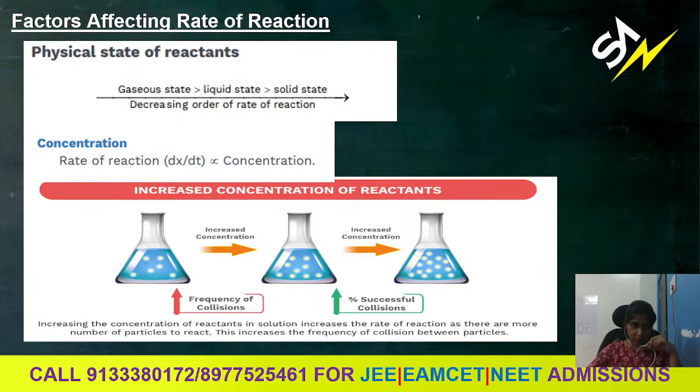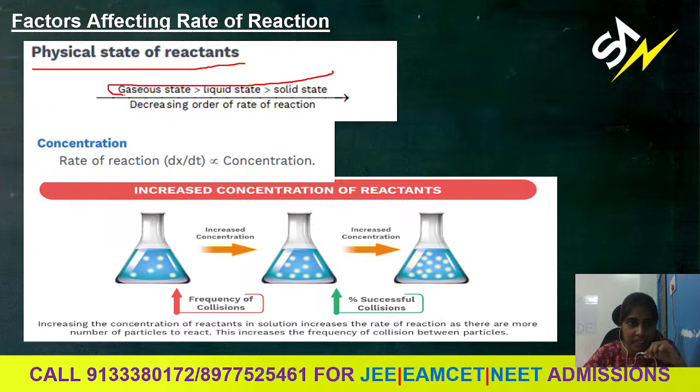Now let's see what are the factors affecting the rate of the reaction. The first factor is the physical state of the reactants, so how the reactant is taken. If it is taken in the gaseous state, the rate of reaction is high compared to the liquid state and the solid state.